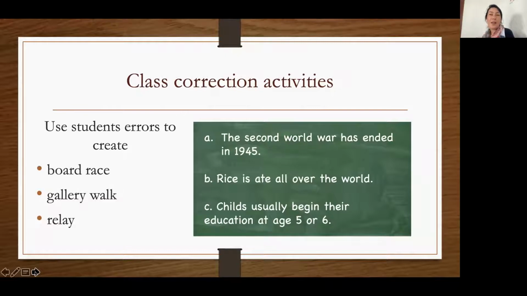And so it was fun because it was movement, it was competitive. Students could see their own work and see how to fix it. And also it's very communicative because there would be some really easy answers, and then there would be some where students were kind of arguing what's the best way to correct it. And then sometimes their corrections would give me some interesting information about their understanding as well.